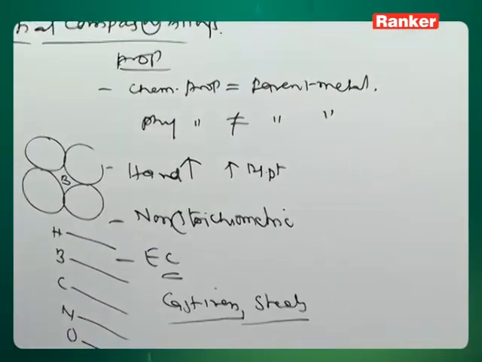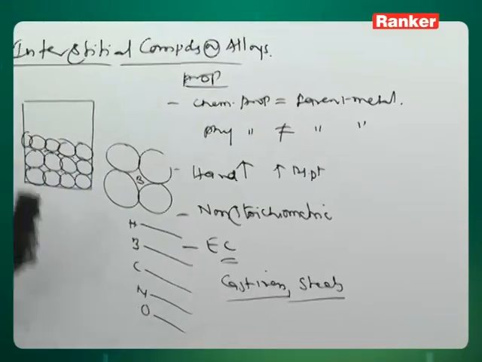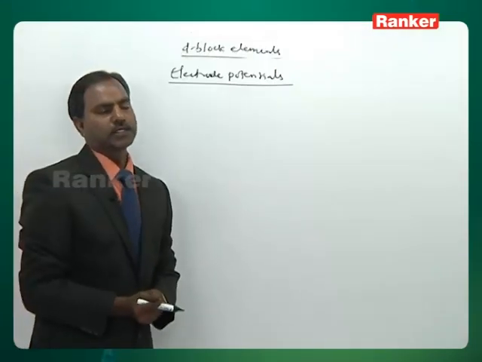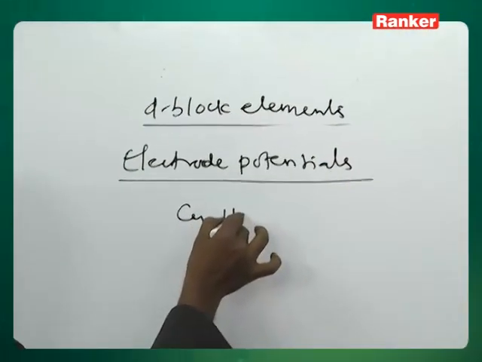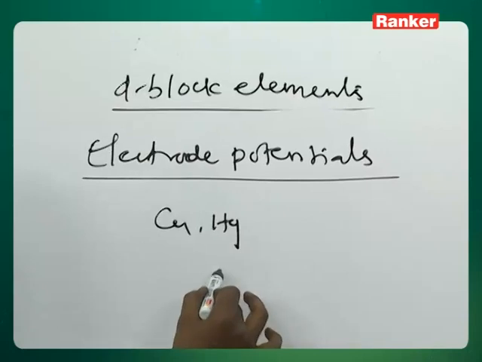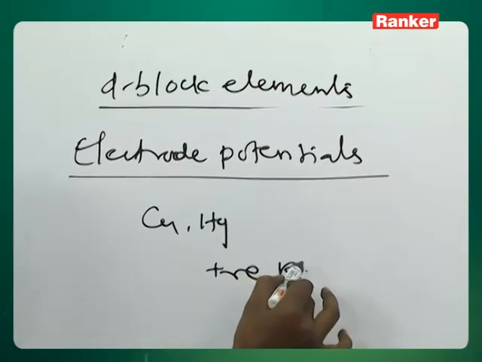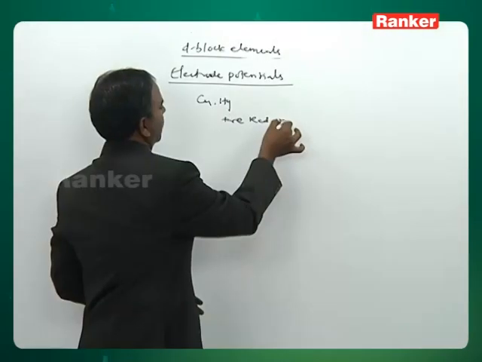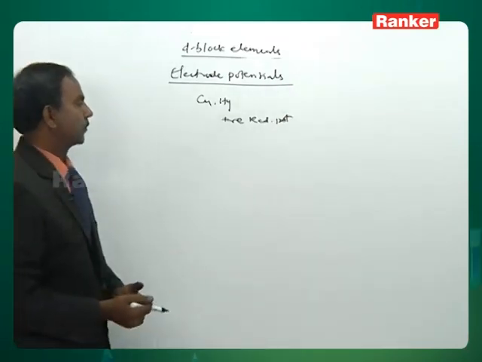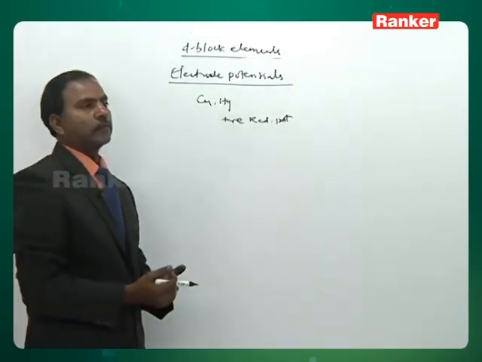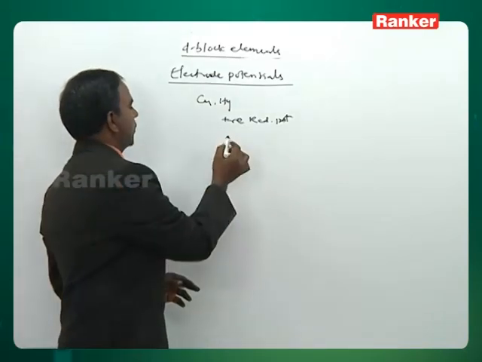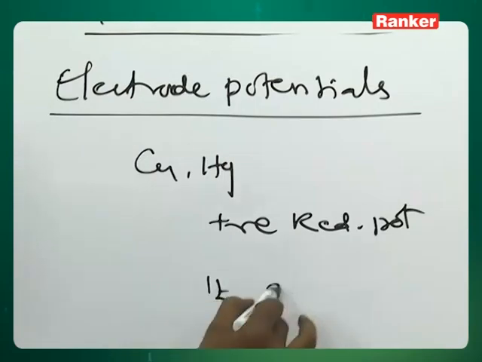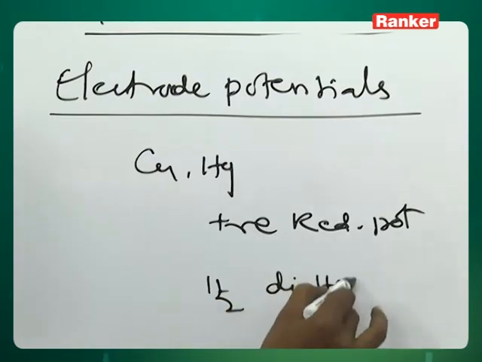Next we discuss the electrode potentials. Look here, copper and mercury have positive reduction potentials. Any element with a positive reduction potential cannot easily liberate hydrogen from dilute acids.